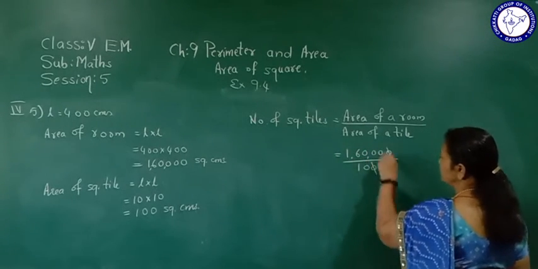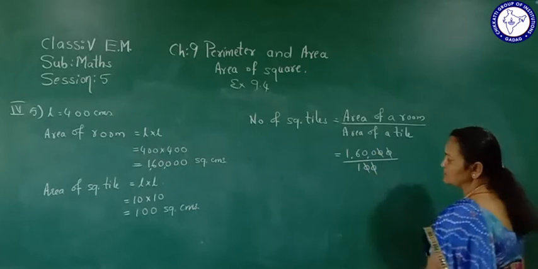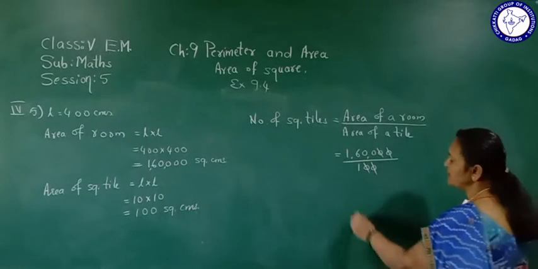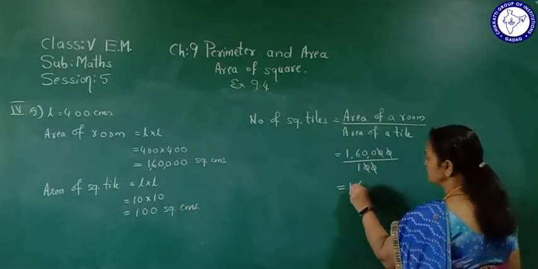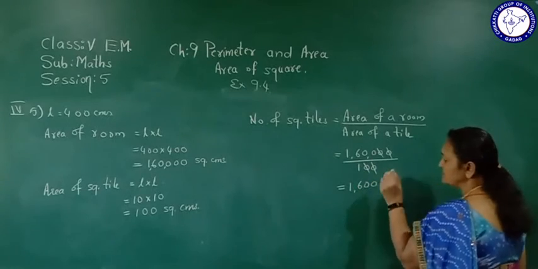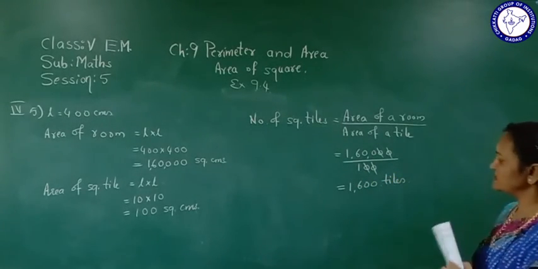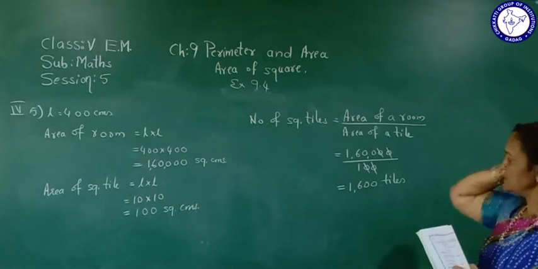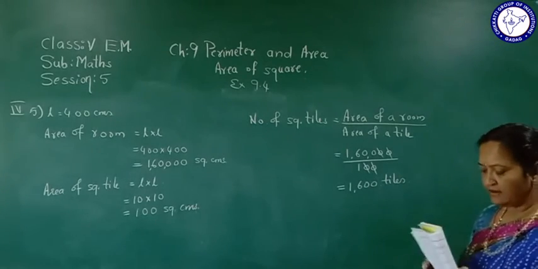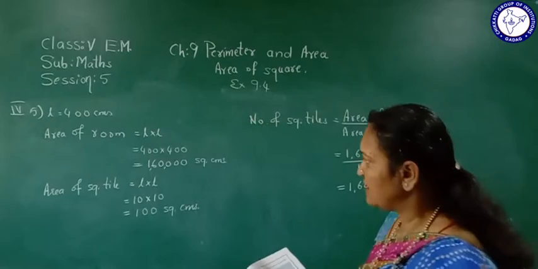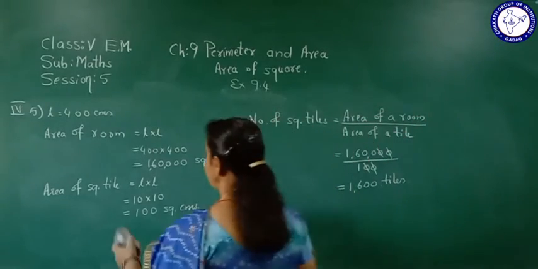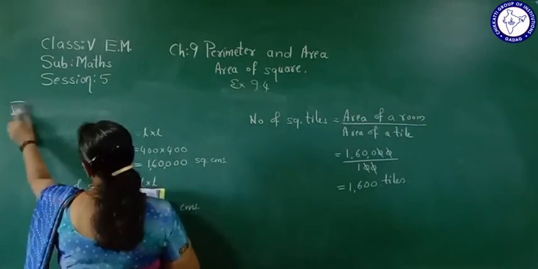So 2 zeros cancel. So here answer is 1,600 tiles are required. So number of tiles are 1,600. Then let me go to fifth main question, and this is the last question of the lesson.